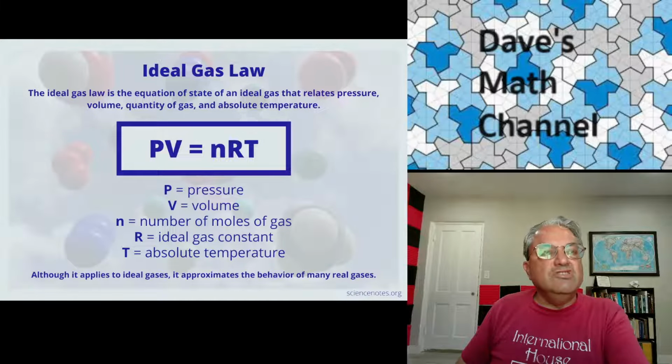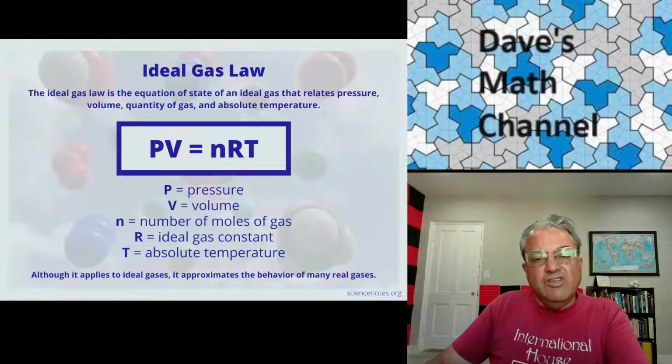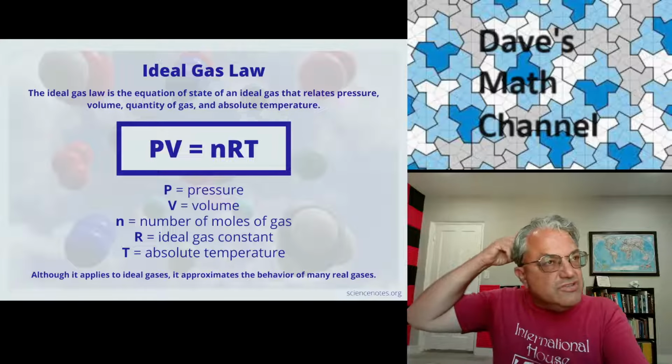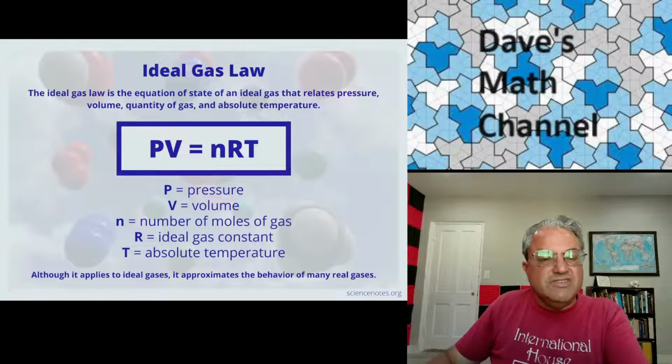R is what's called the ideal gas constant. This is a physical constant. And then T, capital T, is the absolute temperature. This is the temperature in kelvins, degrees Kelvin, if you like. And the Kelvin temperature scale, in case you don't know, is based on the Celsius scale or the centigrade scale. You just take the temperature in Celsius and you add 273, and that gives you the temperature in Kelvin.